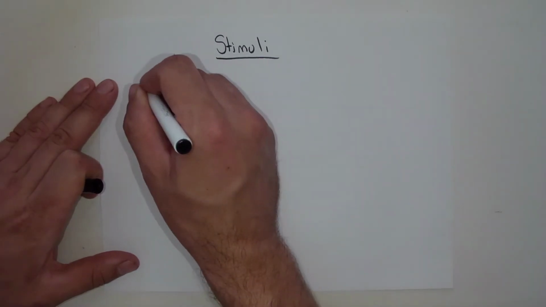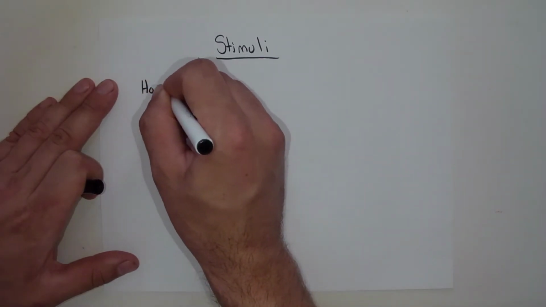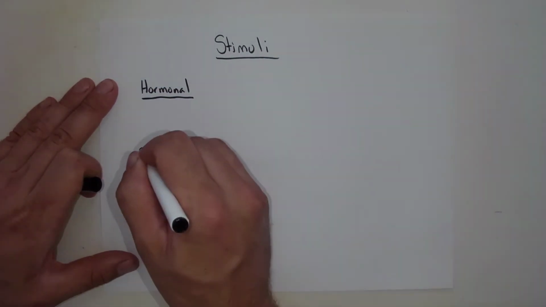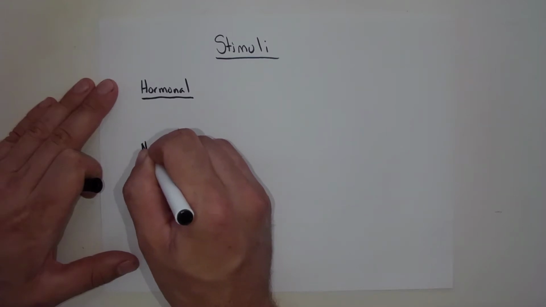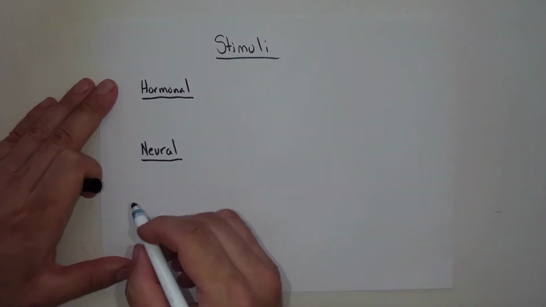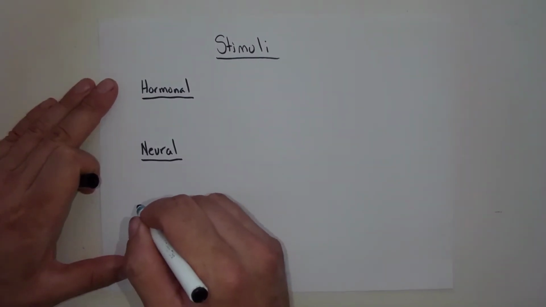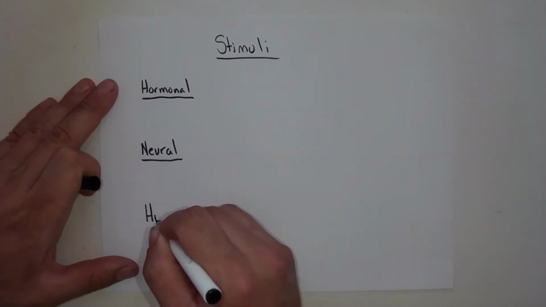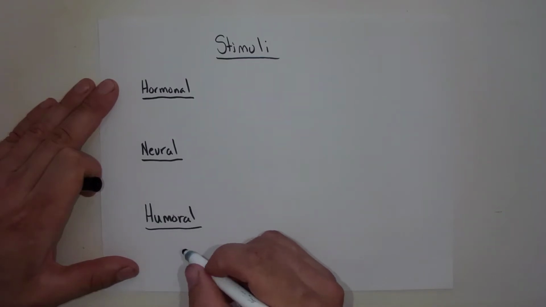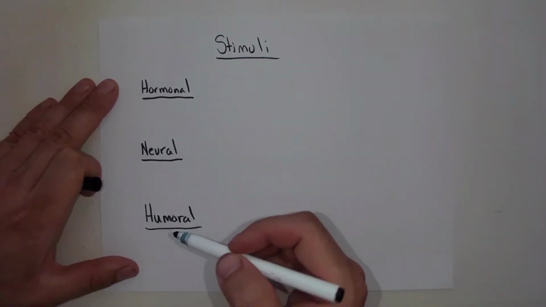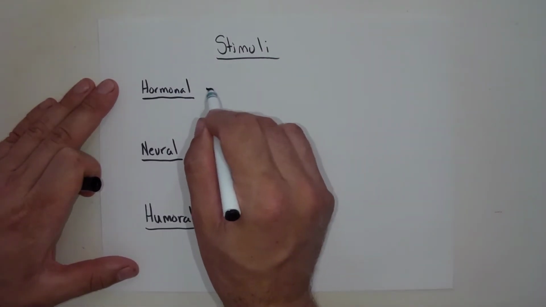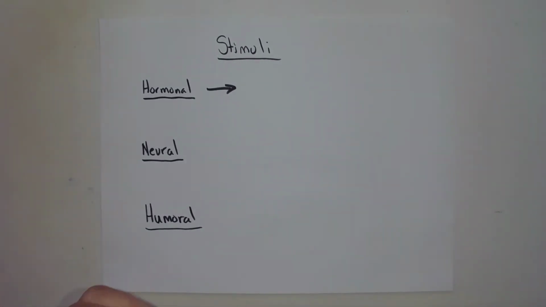We can have hormonal stimuli, we can have neural stimuli, or this somewhat strange category called humoral stimuli. Don't confuse humoral with hormonal. Now, we've already seen some examples of hormonal stimuli.